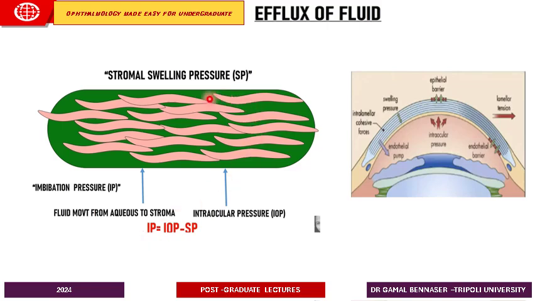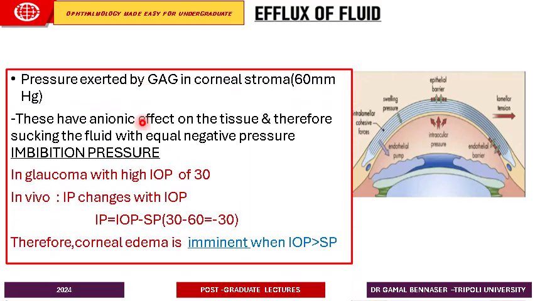So if the swelling pressure here is 60 millimeters of mercury and the intraocular pressure is 20, the difference between the intraocular pressure and the swelling pressure will be minus 40. Now, this minus 40 is the suction pressure that will draw the aqueous toward the stroma. This also explains why, in a state of corneal edema, increasing the intraocular pressure will lead to corneal edema, because the negativity of the imbibition pressure will be decreased.